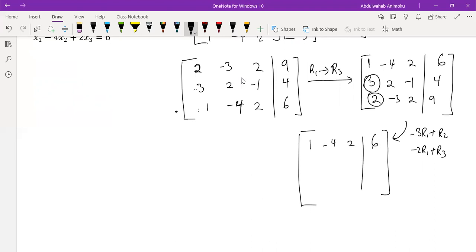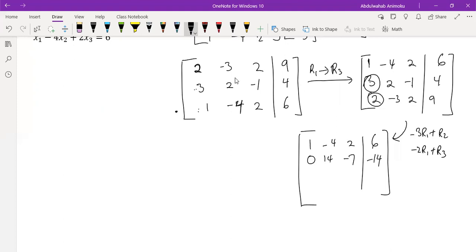So minus 3 R1 plus R2, this would become 0. Then minus 3 times minus 4, that would be plus 12, plus 2, that would be plus 14. Then minus 3 times 2 is minus 6, minus 1, that's minus 7, minus 3 times 6, minus 18, plus 4, that's minus 14. Okay, good.